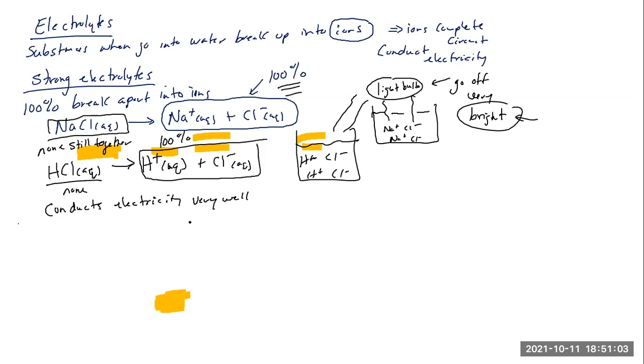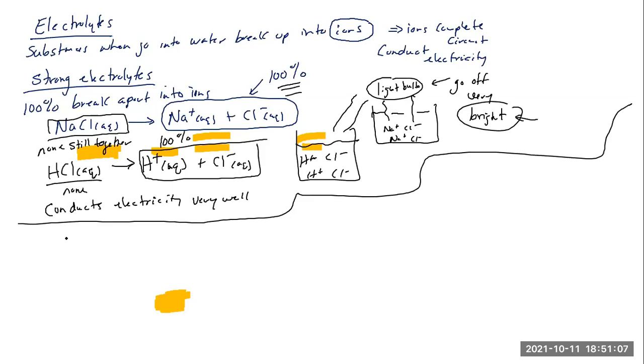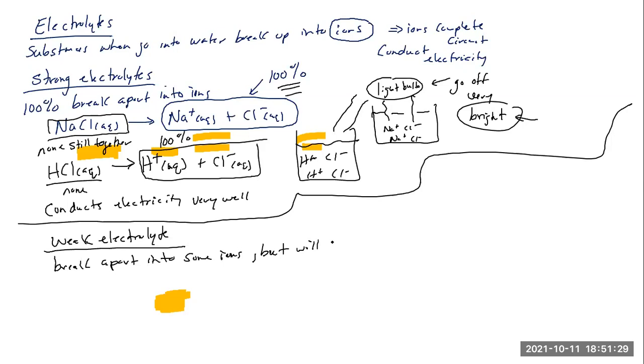Now, another type of electrolyte is one that is known as a weak electrolyte. And a weak electrolyte, unlike a strong electrolyte, will break apart into some ions, but will mainly stay together.